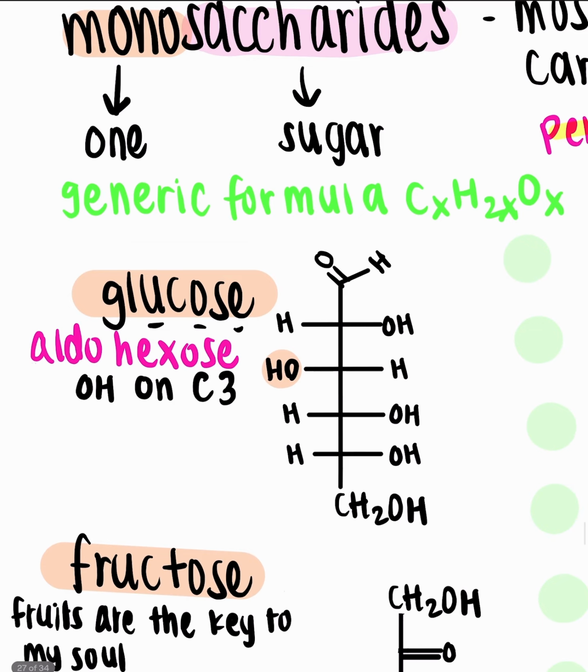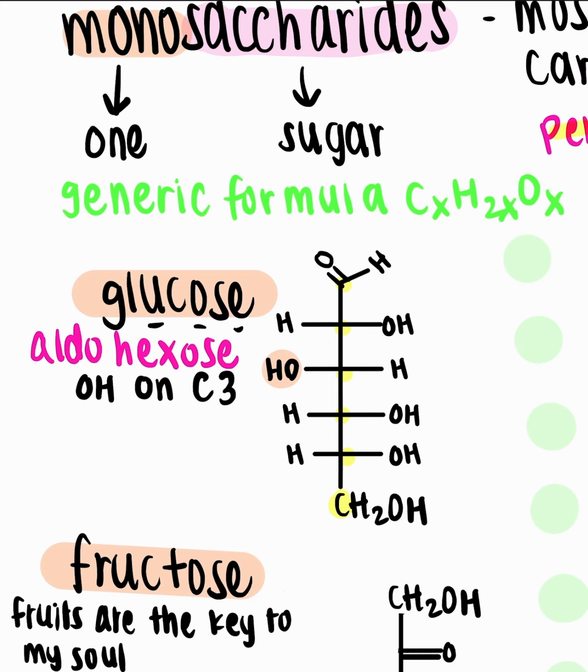Okay, so I'm going to go to glucose right now because I think that's the building block for the 6-carbon sugars. And once you get glucose, it'll be really, really easy to get fructose and galactose. So glucose is 6 carbons, 1, 2, 3, 4, 5, 6.